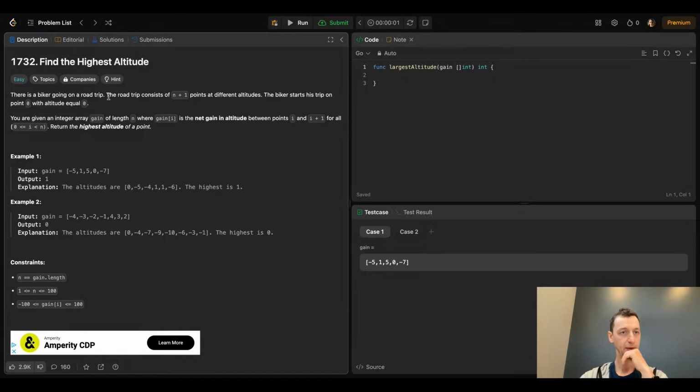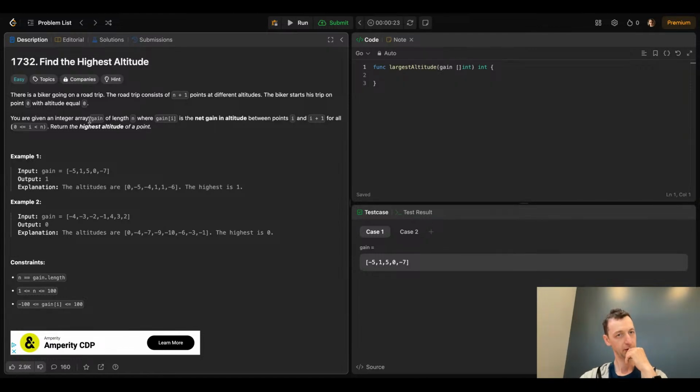So there is a biker going on a road trip. Wonderful. The road trip consists of n+1 points at different altitudes. The biker starts his trip on point 0 with altitude equals 0.